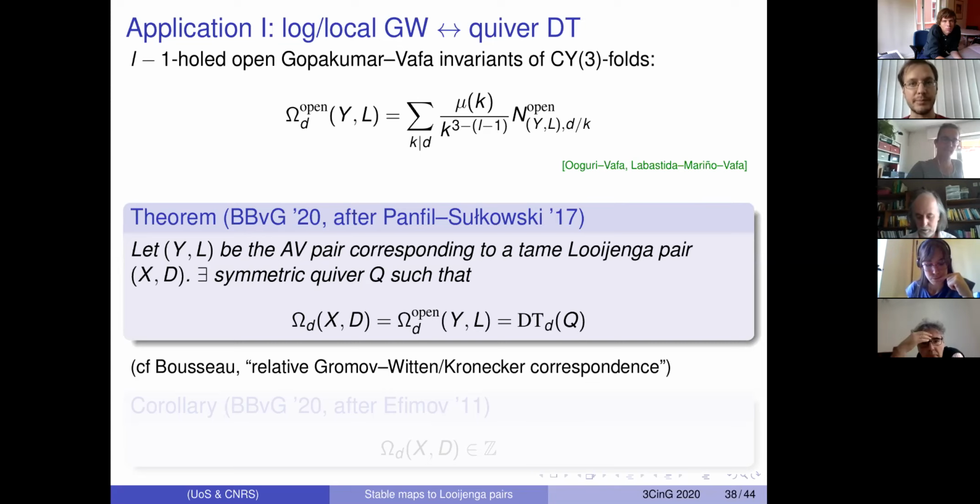So we can use this quiver correspondence with open Gromov-Witten theory as a black box, which has appeared in different guises in the past in previous work of Pierre.